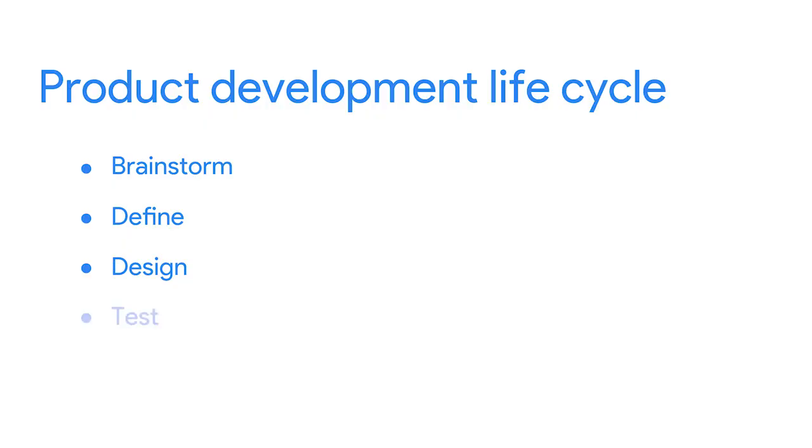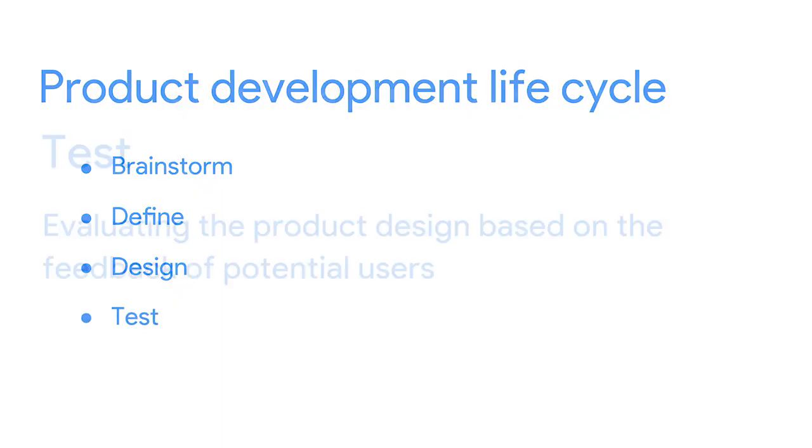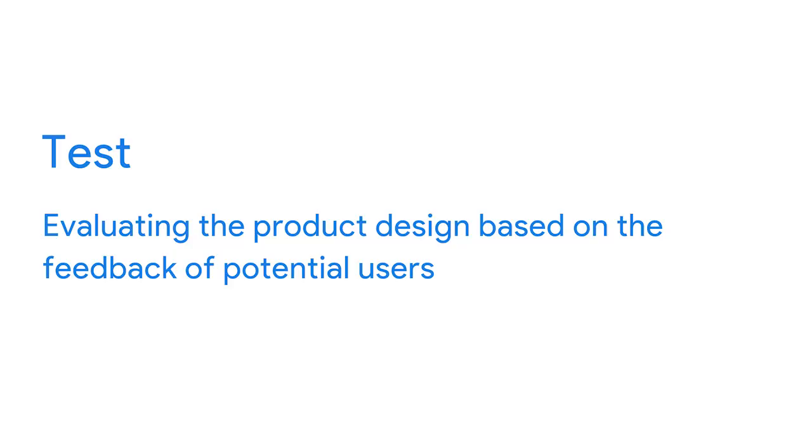The fourth stage is test. In the test stage, the team evaluates the product design based on feedback from potential users. Testing designs with users is really important because it helps the team focus on the user first and foremost, and the designs second. Testing helps identify areas to refine or improve the designs.